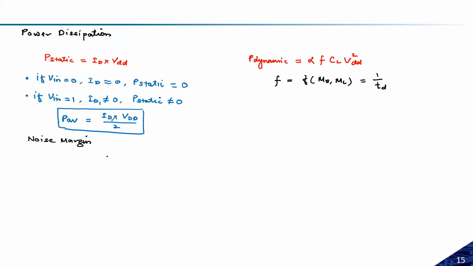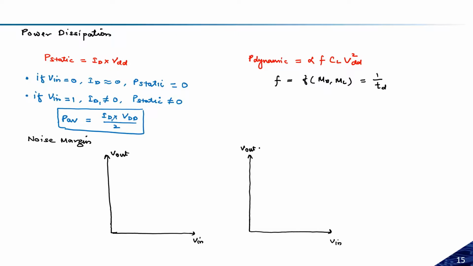Let us assume this is the input, this is the output. Let me draw one more characteristics. Okay, Vin, and here we have the Vout.